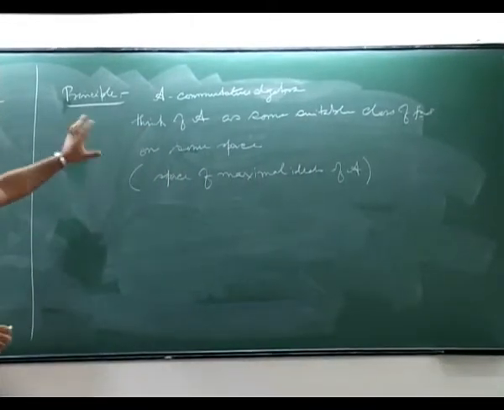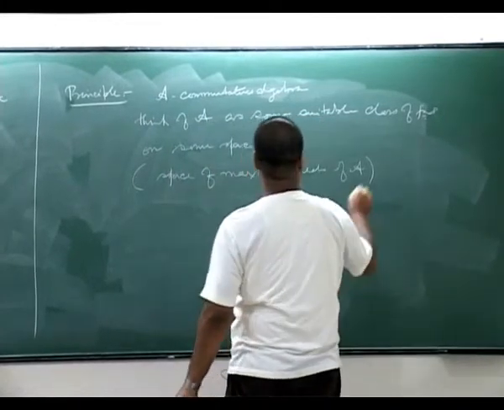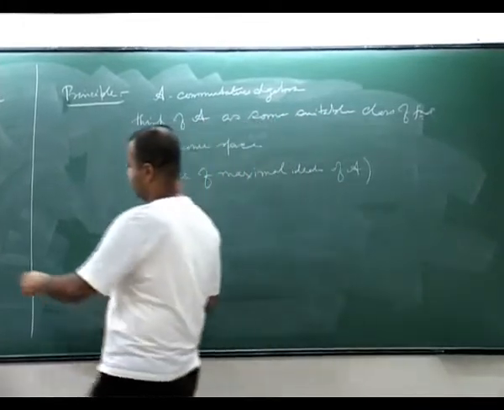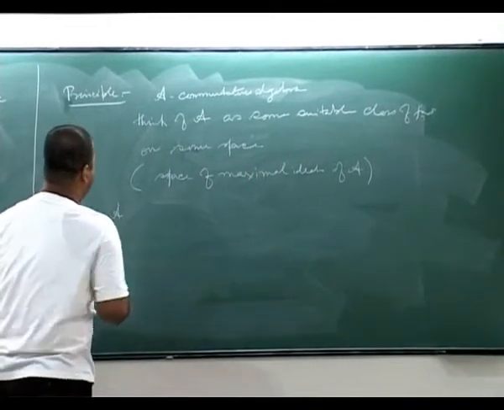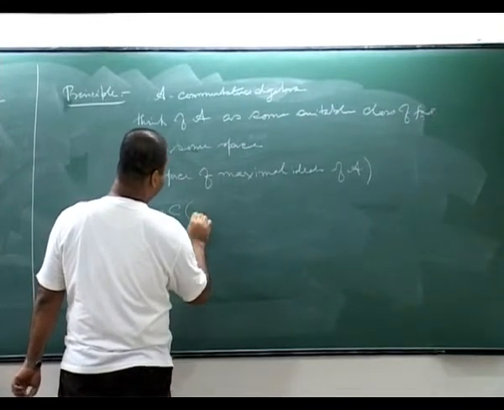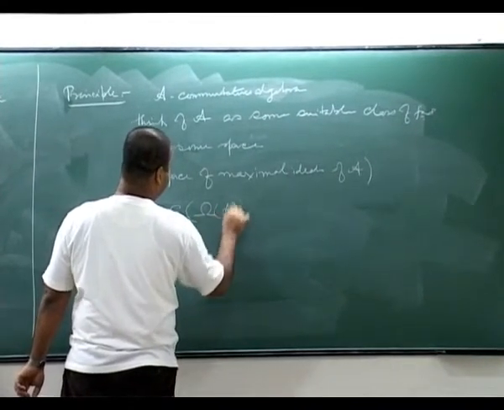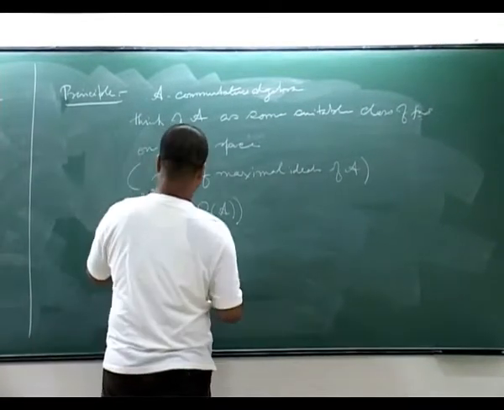And the first instance comes from commutative algebra and so on, so I do not want to enter into that. In this case also the idea is producing a map from A to continuous functions on omega A or some function space.